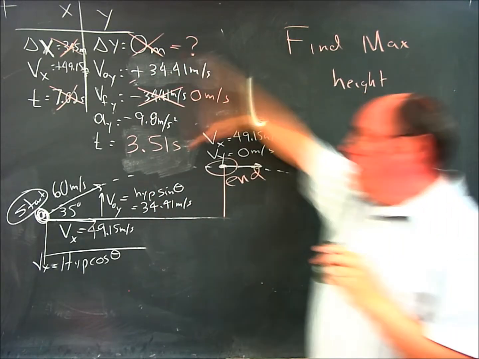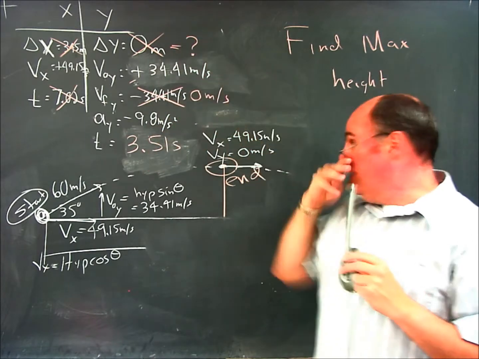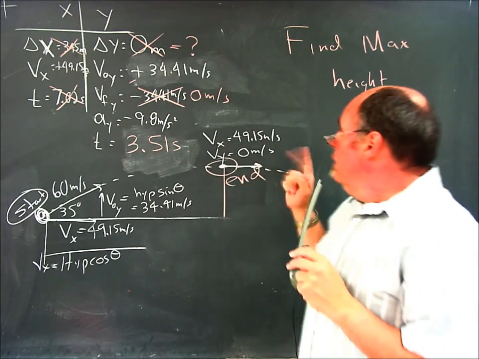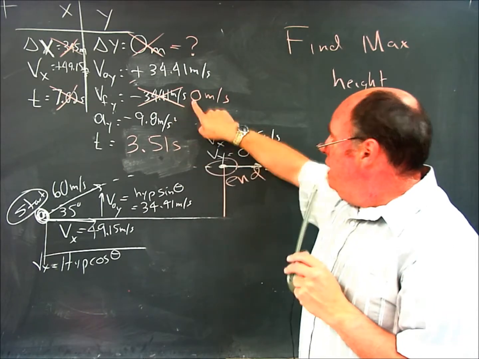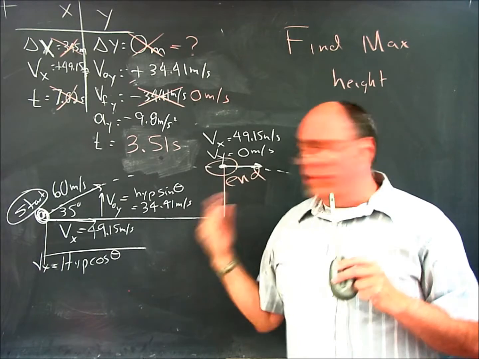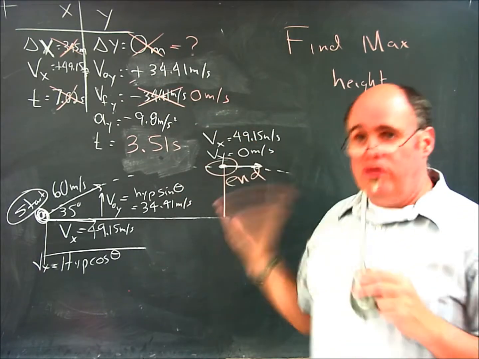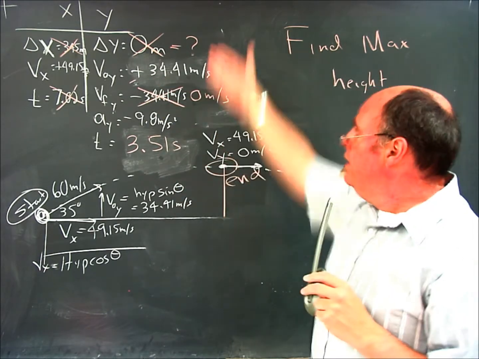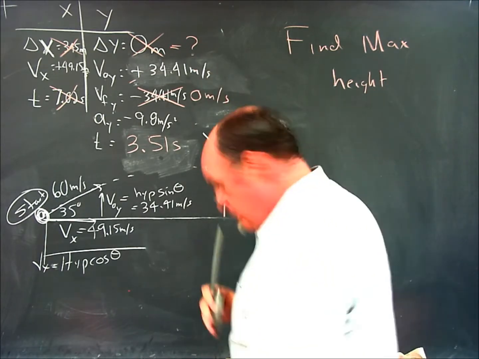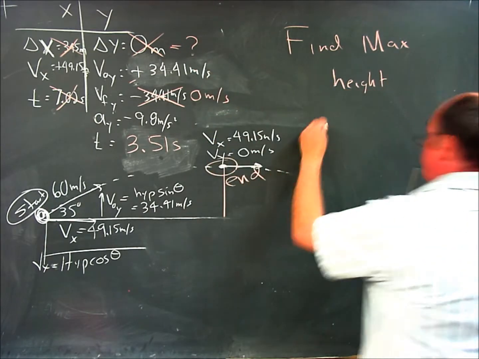So I only want to work vertically. Okay? So if I'm going to be working vertically, then I have this, I have this, I have this, I have this. The only thing I don't know is delta y. I can use any formula at all for delta y with these 4 givens, and it should tell me what is my delta y, maximum height. So I could use this formula if I wished.